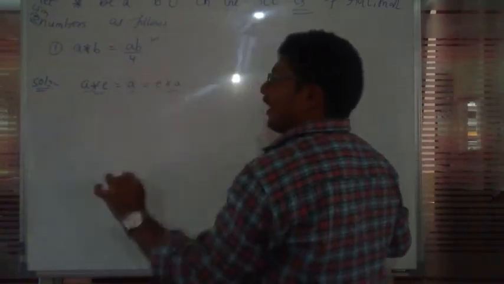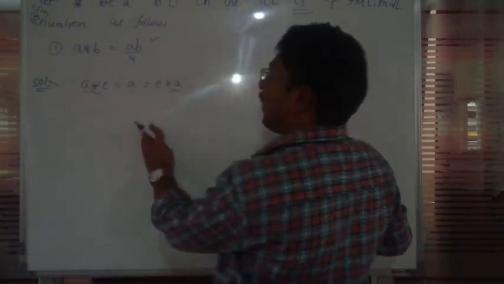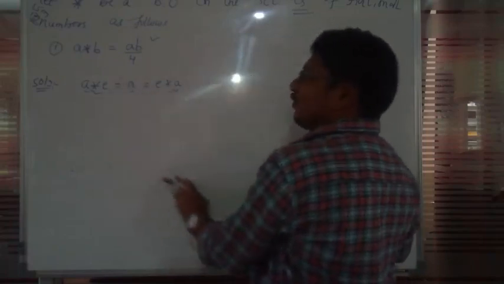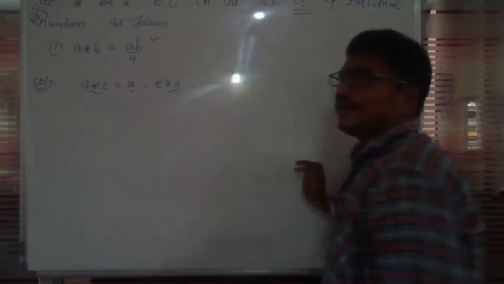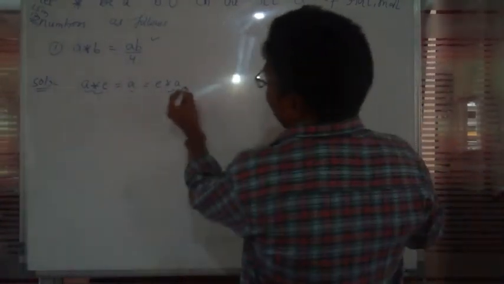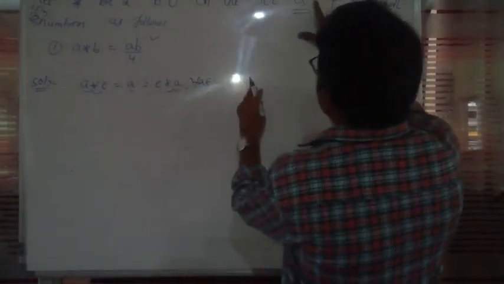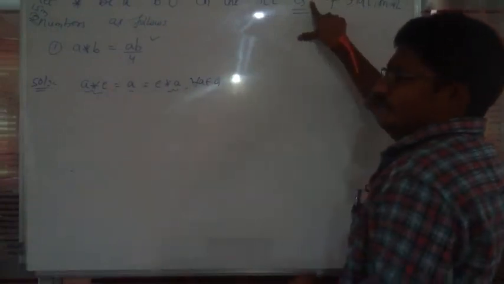Remember students, if we make A star E and do not get back A, then it is not an identity element. This is for all A belonging to which set? The rational number set.